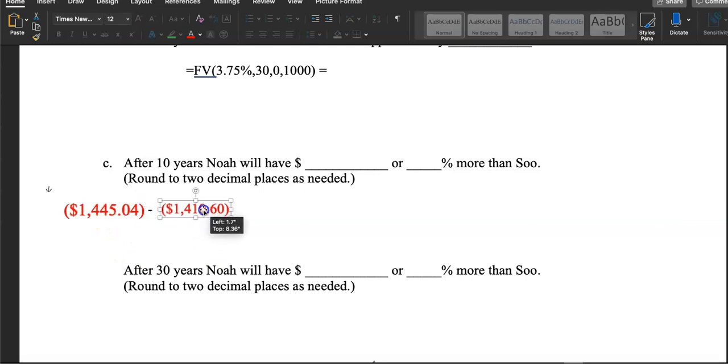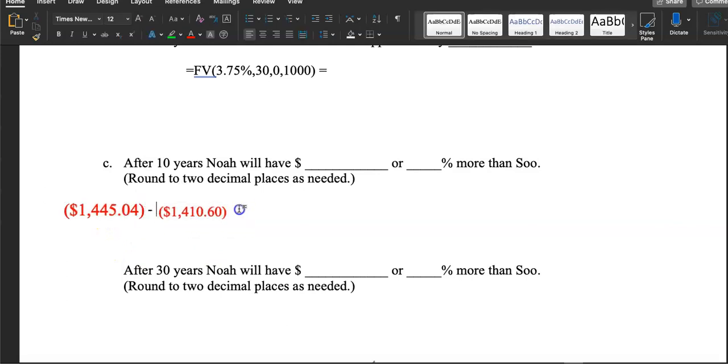And if I subtract these two, 1445.04 minus 1410.60, Noah will only have $34.44 more than Sue in 10 years. And for me, that's not that big. It's like just $30.